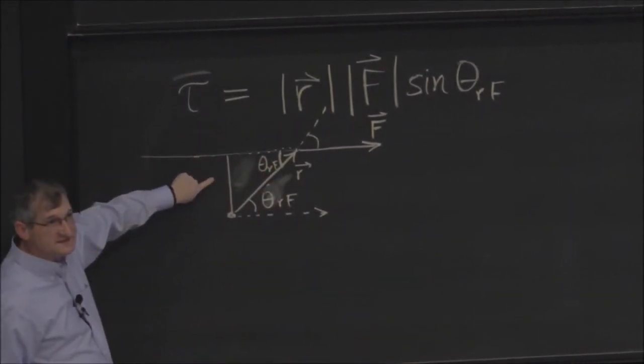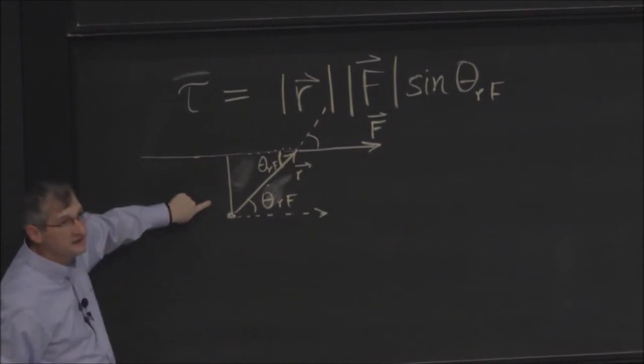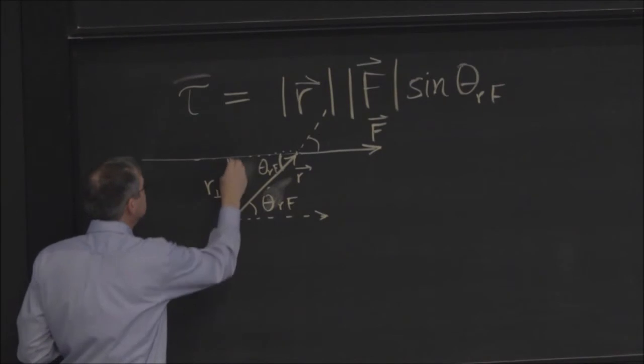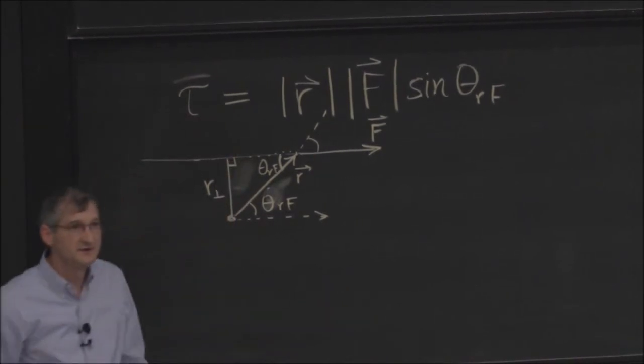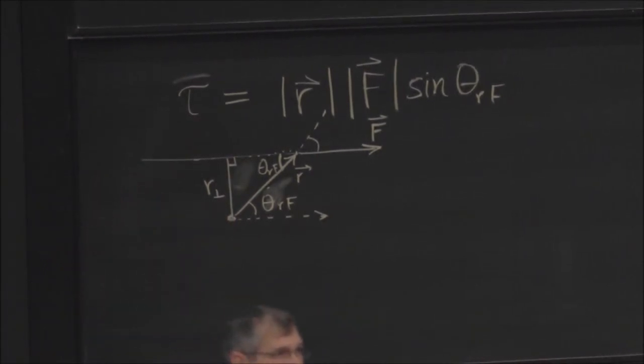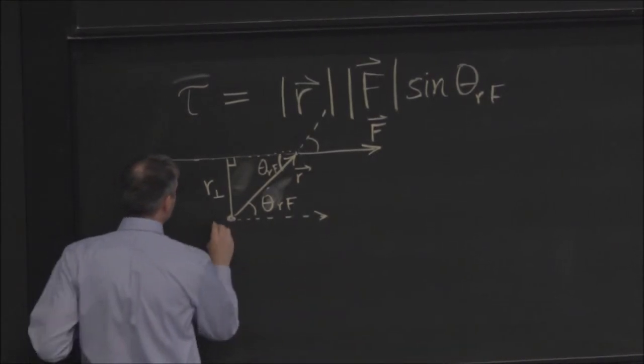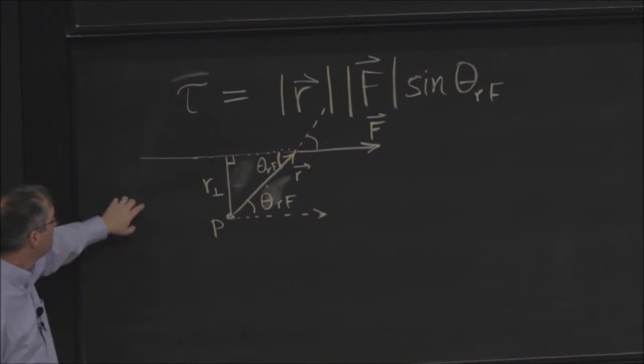And this length here, which I'm going to call R perpendicular, because this is a right angle, is the perpendicular distance from the line to the point P, the axle.